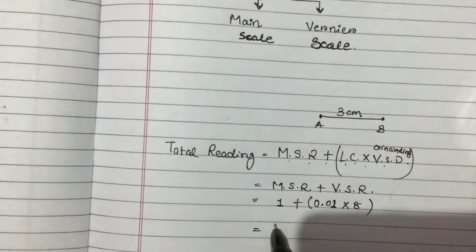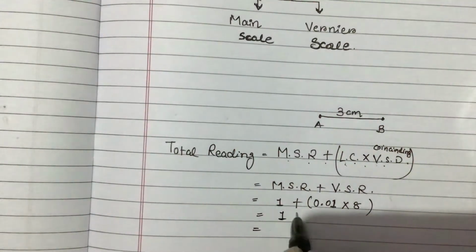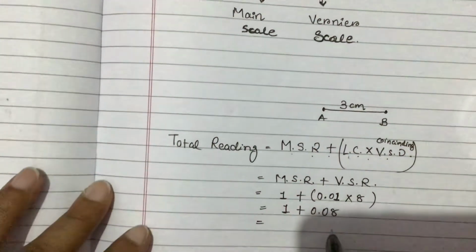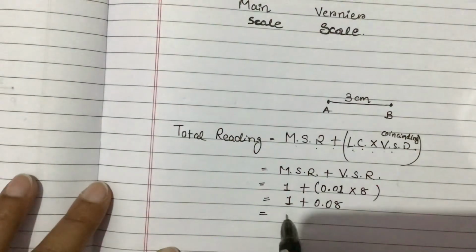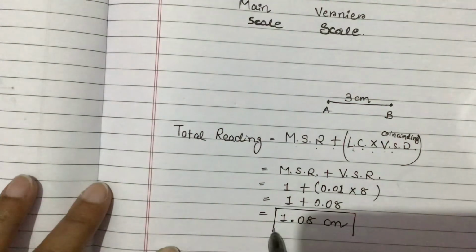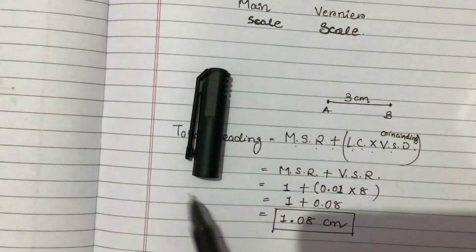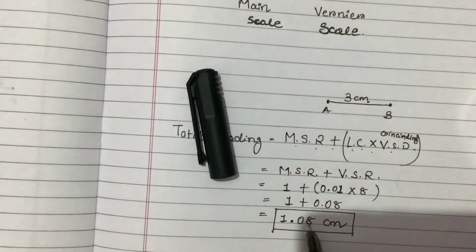So what will it be finally? 1 plus 0.08. 0.01 into 8 gives me 0.08. Now finally, the diameter of the pen cap is going to be 1.08 centimeter.